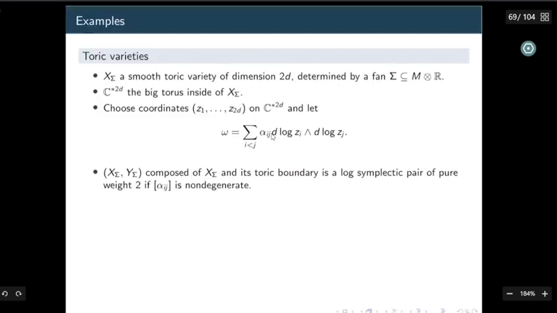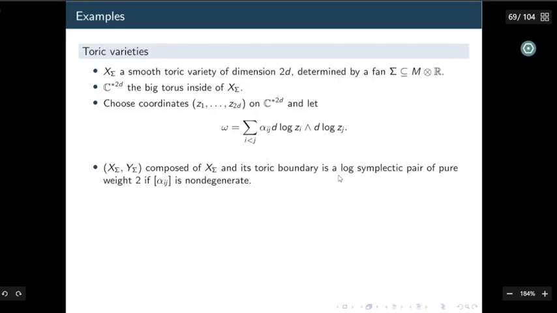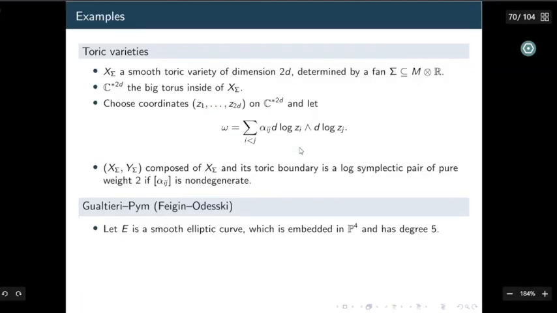If you choose this so that the corresponding form alpha ij is non-degenerate, this form omega will be a log symplectic form of pure weight 2. Okay, good. So a very easy toric example shows up everywhere.